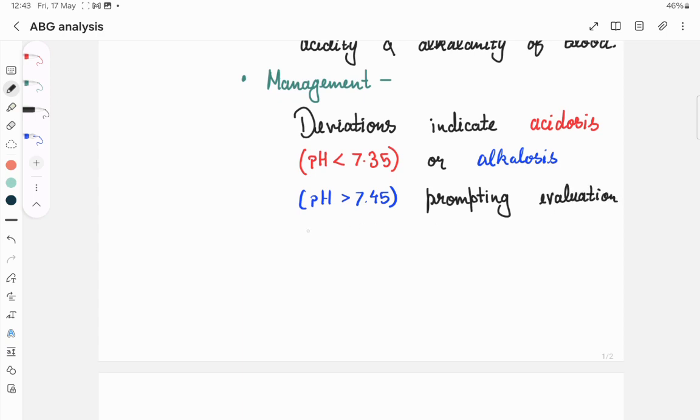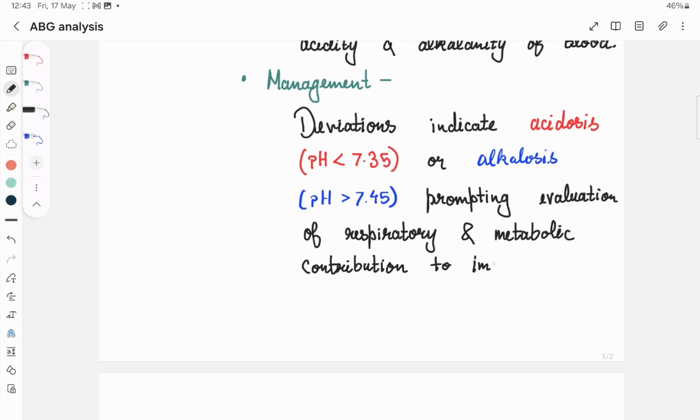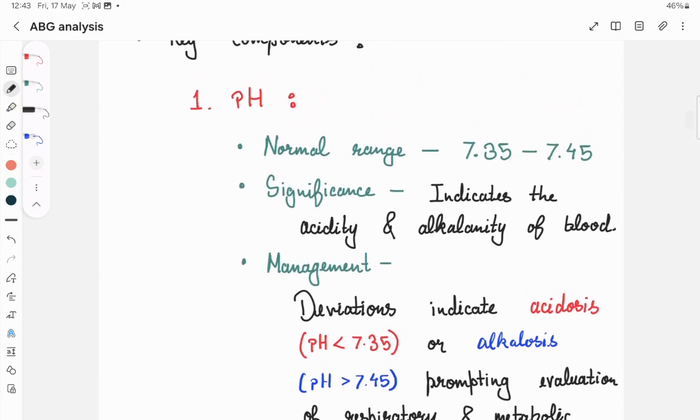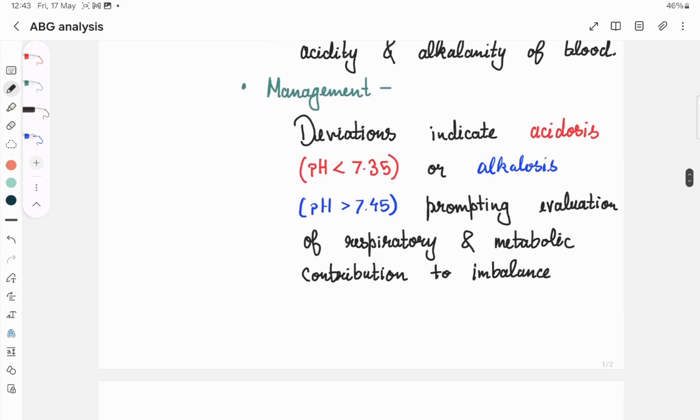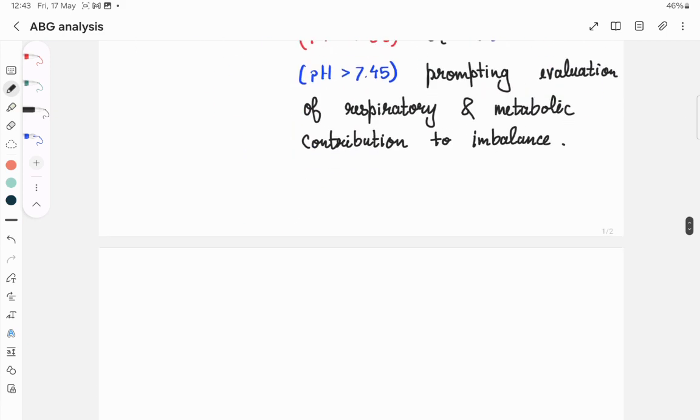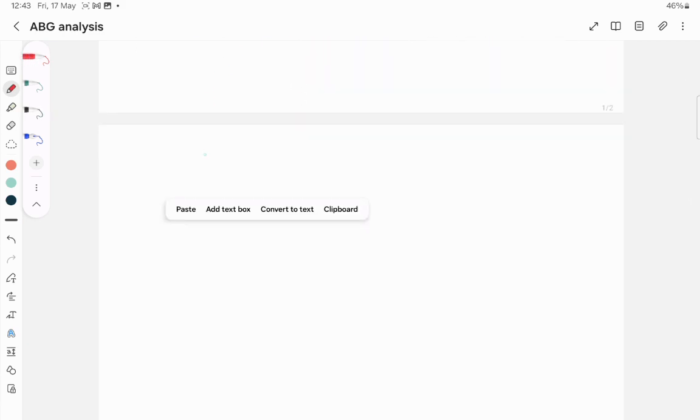If we find any of them, it will prompt an evaluation of respiratory and metabolic contributions to imbalance. So we will look for answers to why acidosis or alkalosis is happening.